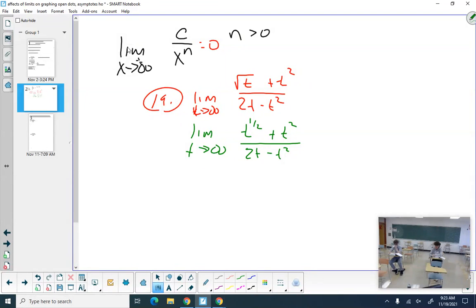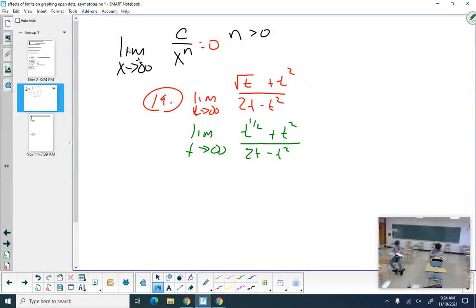Okay, what we talked about yesterday is we're using the idea of equivalent fractions. With equivalent fractions, you're either dividing or multiplying the numerator and denominator of your fraction by the exact same thing, and that gives us that equivalent fraction. Well, what we talked about yesterday was, let's take a look at our largest degreed variable. I have t to the 1/2, t squared, 2t, t squared.